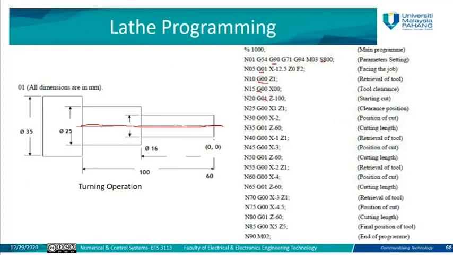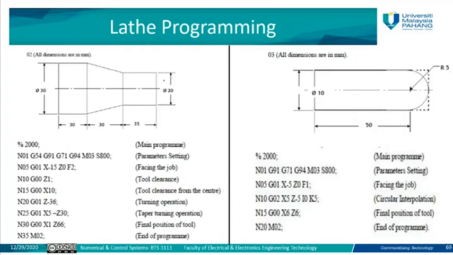All these are used, as you can see, G01, G01, G01. So G01 here moves the tool towards the body of the workpiece, and it will cut it in a surrounding of the workpiece from outside. The same in this case, also a cylindrical part, here also a cylindrical part.